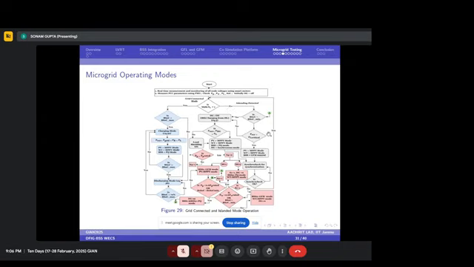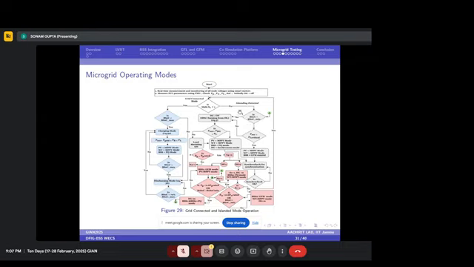And in case of islanding detection, once islanding is detected, first it will check the state of charge of the battery. If the state of charge of the battery is greater than the minimum, initially it will work in the PQ mode, that is the simple grid-following mode.